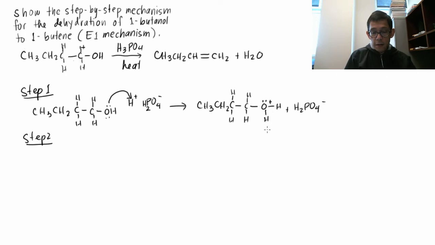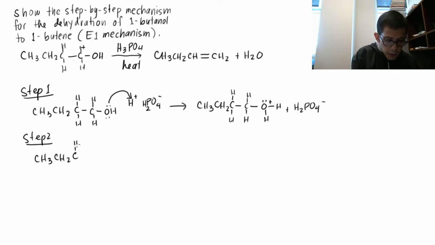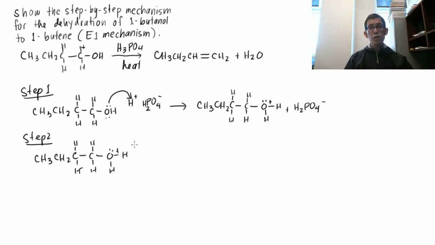And step 2, so the reactant in step 2 is the product in step 1. CH3, CH2, CH, CH, OH, lone pair, positive charge. Okay, so oxygen is not happy being positively charged.